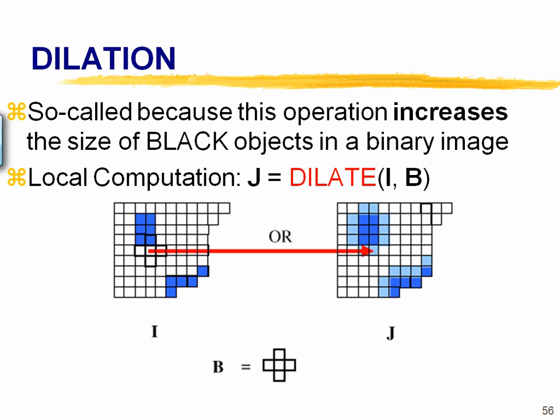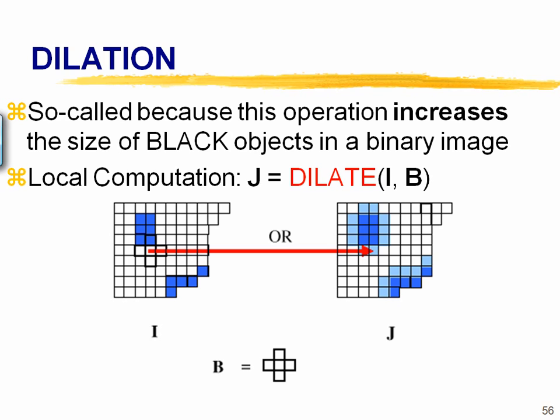If this is a square window, you will have this value also become a 1, so this would also become full. Similarly, when you move out, this is going to be full as well. So the way your shape changes is dependent on the kind of window you have used. But broadly speaking, the end result is still a dilation. You've increased the size of the object.